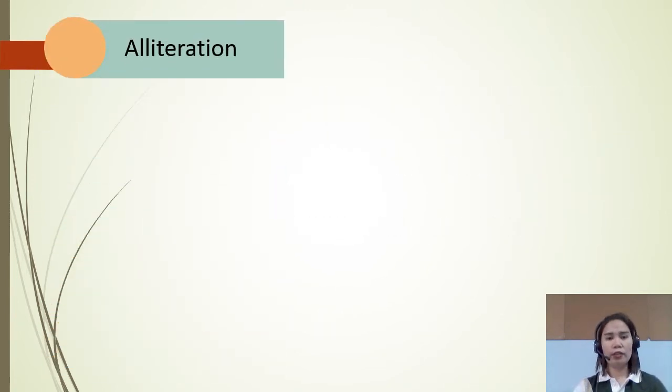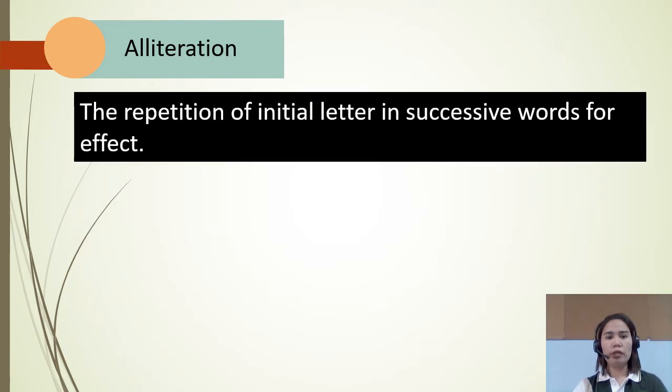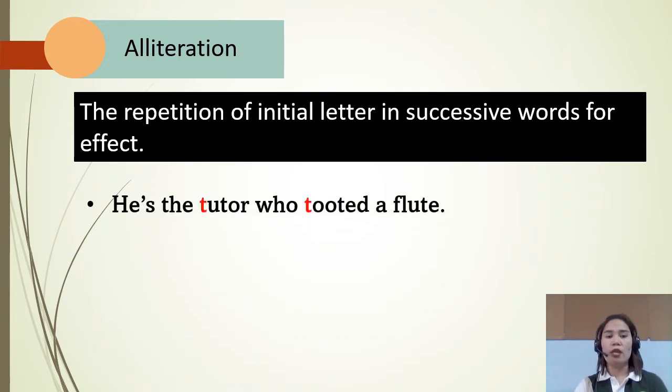Next, we have alliteration. It is the repetition of the initial letter in successive words for effect. Again, you have to take note: initial letter. For example: he is the tutor who tutored a flute.